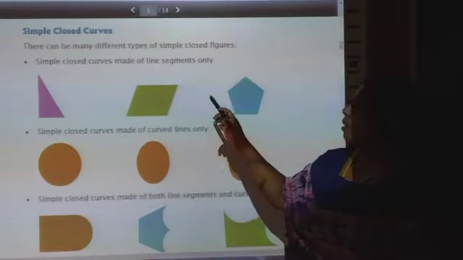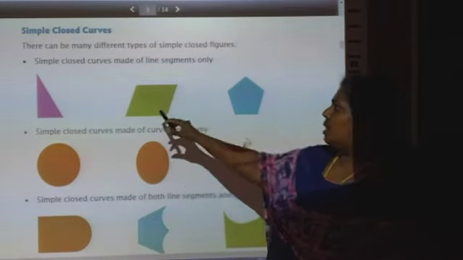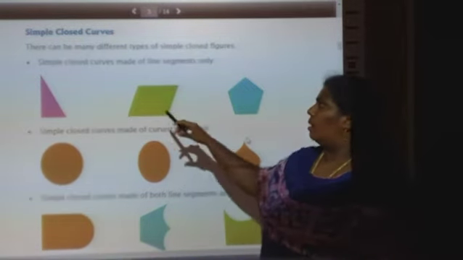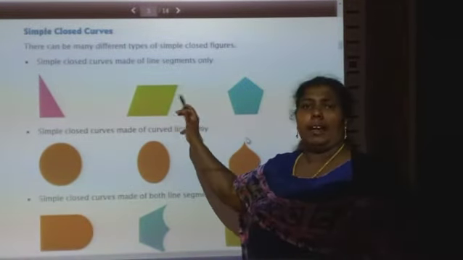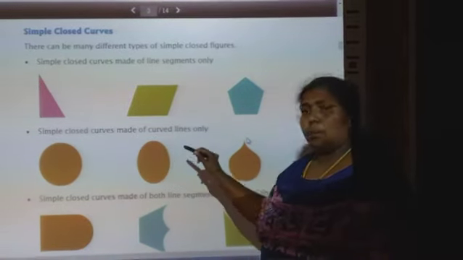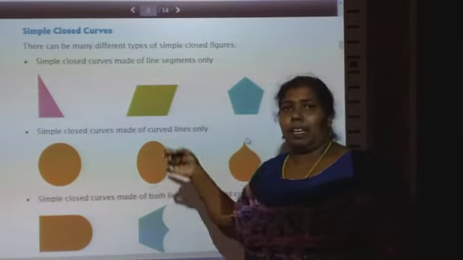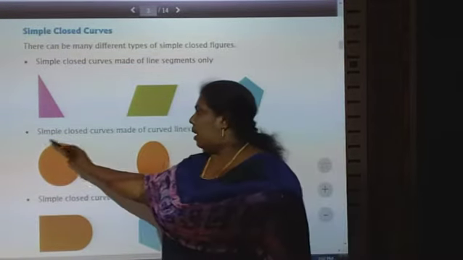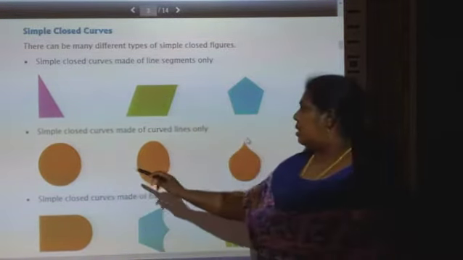Here you can see the simple closed curves. This is only line segments, no curved lines. Understand? Here you can use only line segments. But here, simple closed curves made up of curved lines only. Here you cannot see the line segment, only curved lines. That is a circle, oval shape.